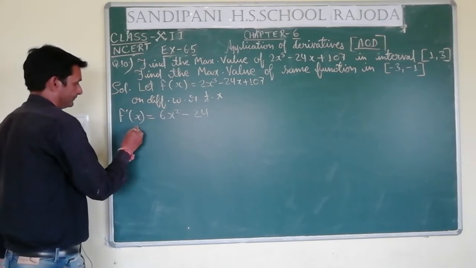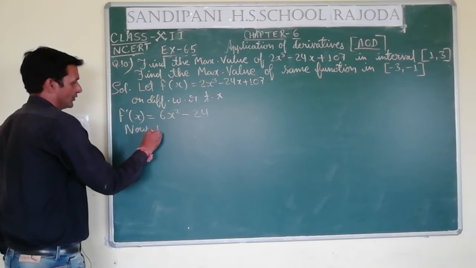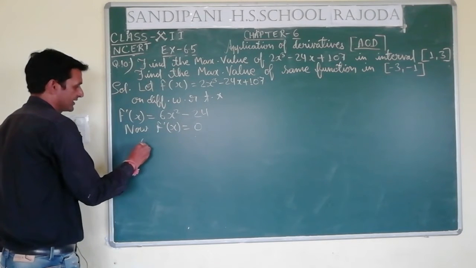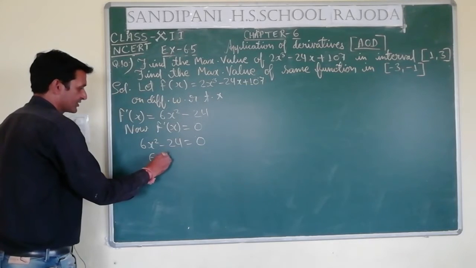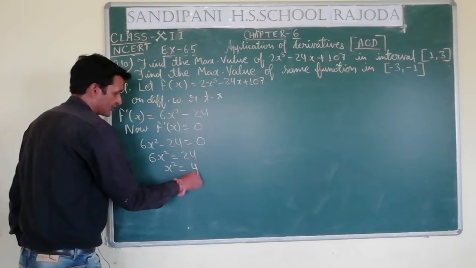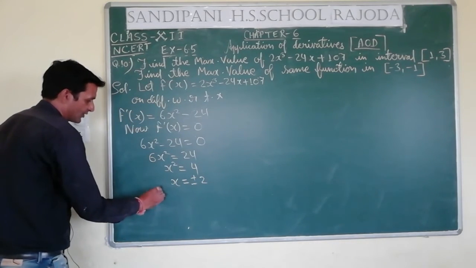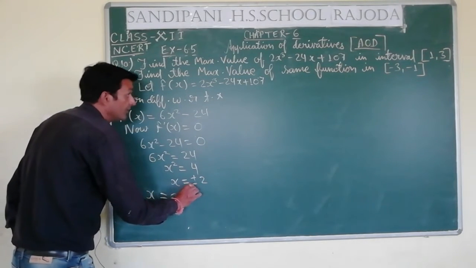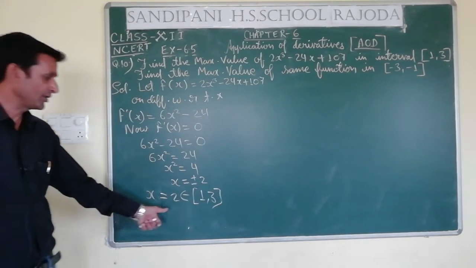Now f′(x) = 0. f′(x) = 0 means 6x² − 24 = 0, or 6x² = 24, or x² = 24/6, that is 4. So x = ±2, out of which x = 2 is an element of [1, 3]. Here x = 2 is the element of [1, 3].